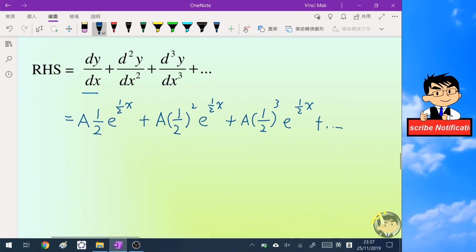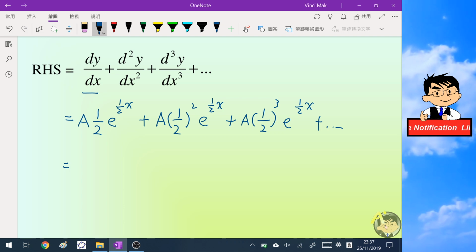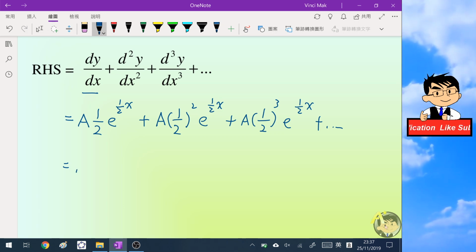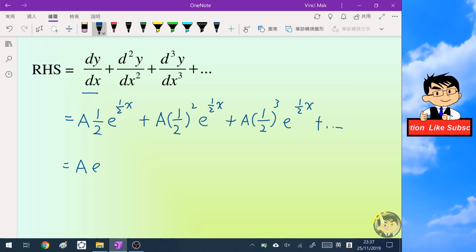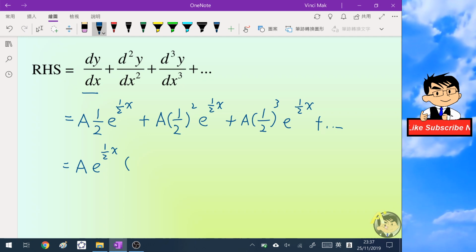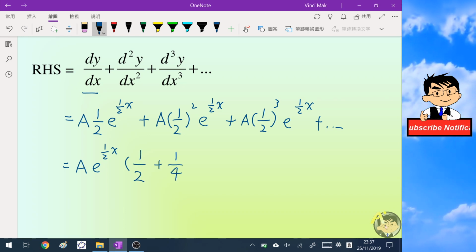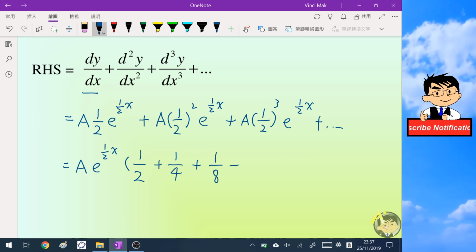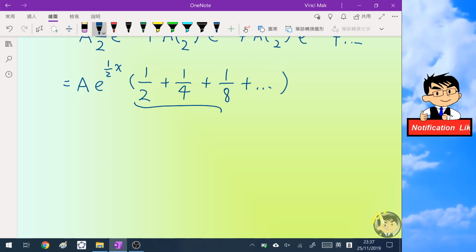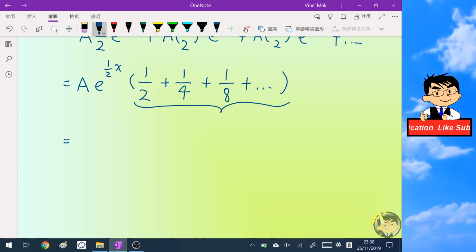Now we have the common factor, a, and the e exponent term. So we factorize a and e to the power of half x in the front. In the bracket we have half plus 1 over 4 plus 1 over 8 plus dot dot dot. Notice that this part is the sum of a geometric sequence to infinity.